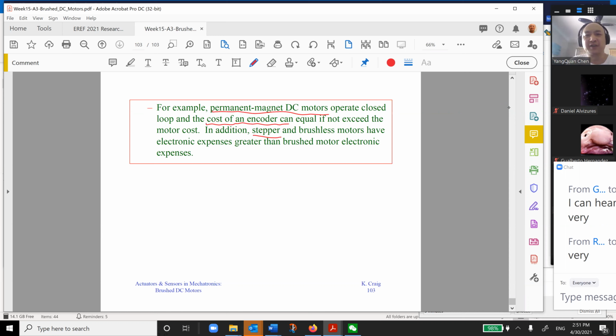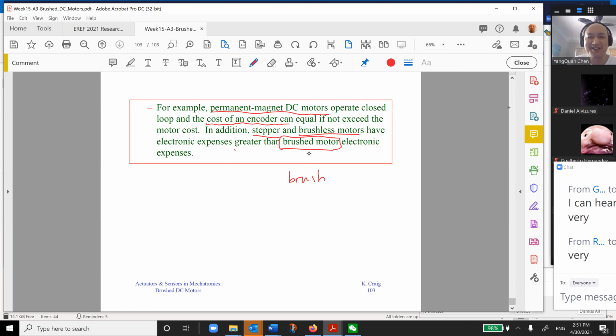But if you use a stepper motor or a brushless motor, usually that is costlier than the brushed motor. So the brushed motor is actually a lower cost solution. But of course, the disadvantage is you need to have a commutator and a brush.